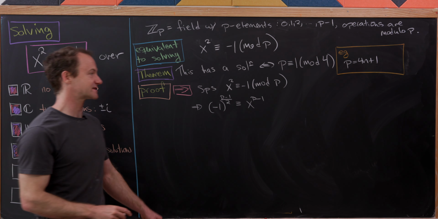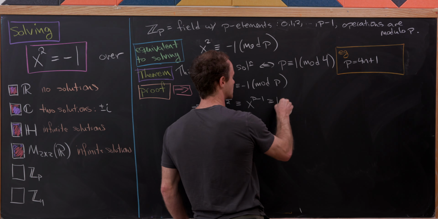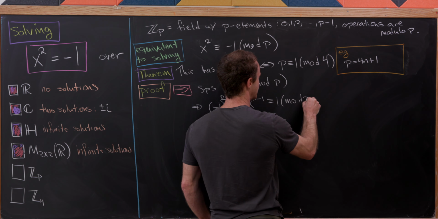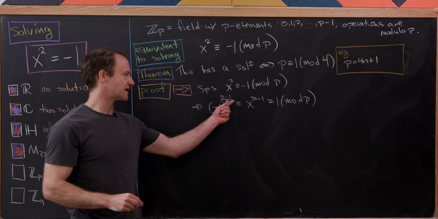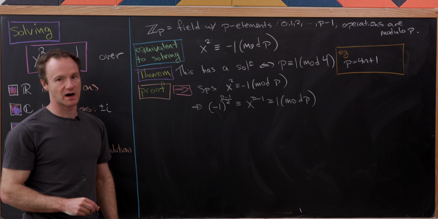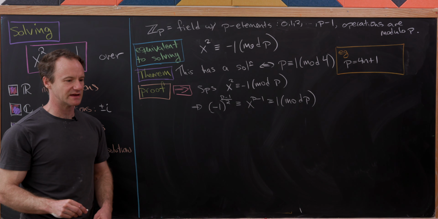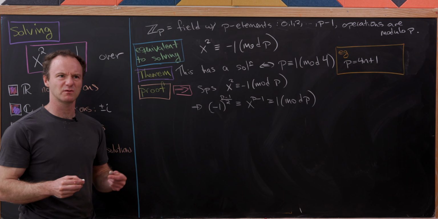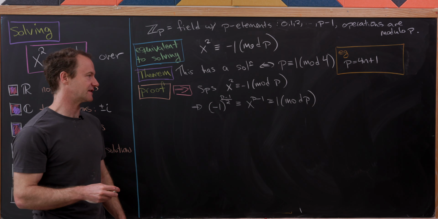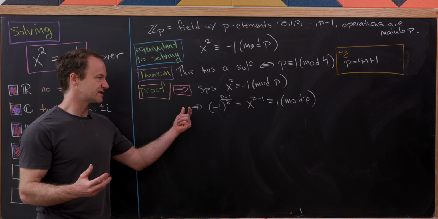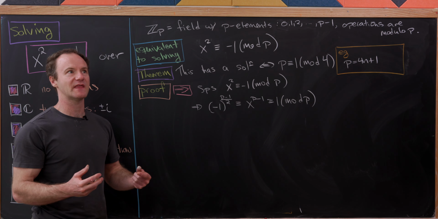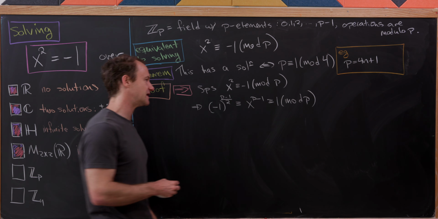Oh, but by Fermat's little theorem, that is congruent to 1 modulo P. Okay, but now we've got -1 to some power is congruent to 1 mod P. But working mod P is very predictable. It acts a lot like the integers. And you might say, well, when do I raise -1 to some power and get 1? Well, it's when that power is an even number.